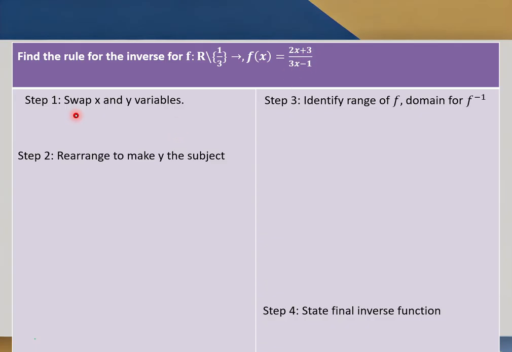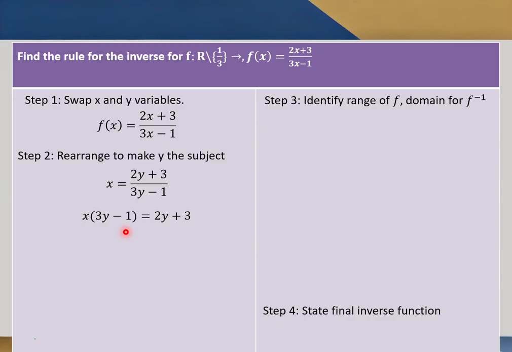So the first thing I'm going to do is we're just going to swap x and y variables. So instead of saying f of x, I'm going to change this to x and the x to y. And the next step I'm going to do, I'm just going to go over and get y by itself. So I'm timesing everything by 3y minus 1.